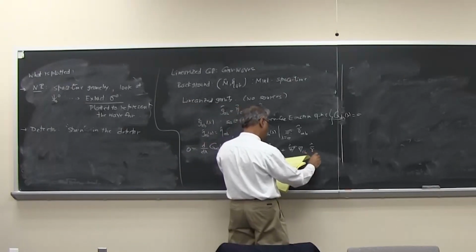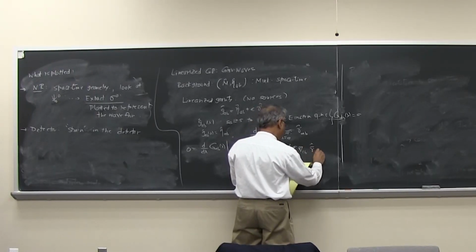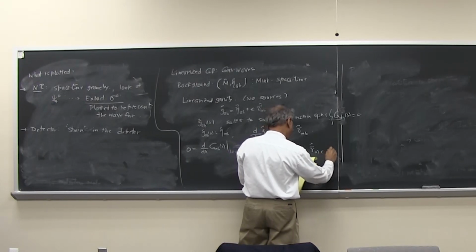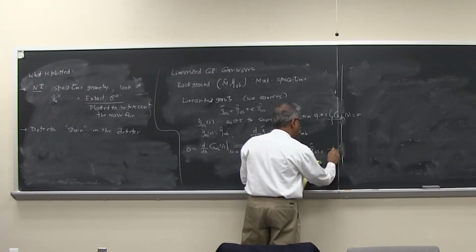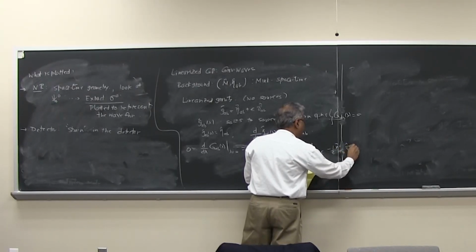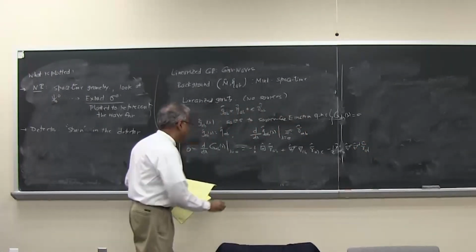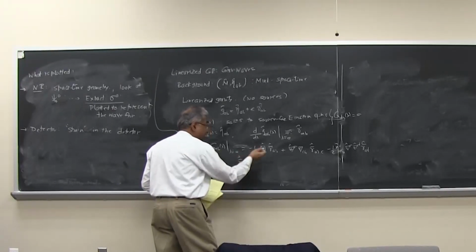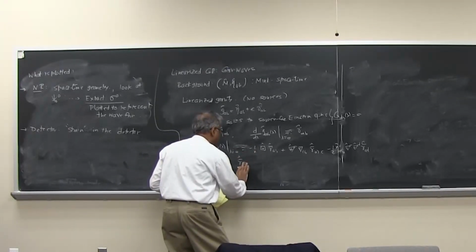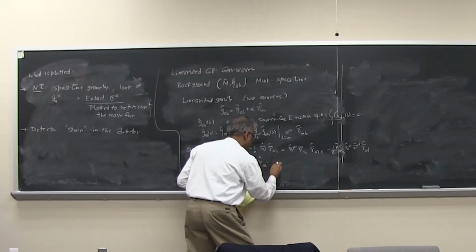Where gamma bar hat is just the trace reverse of gamma: gamma hat AB minus 1/2 eta hat AB times gamma hat.